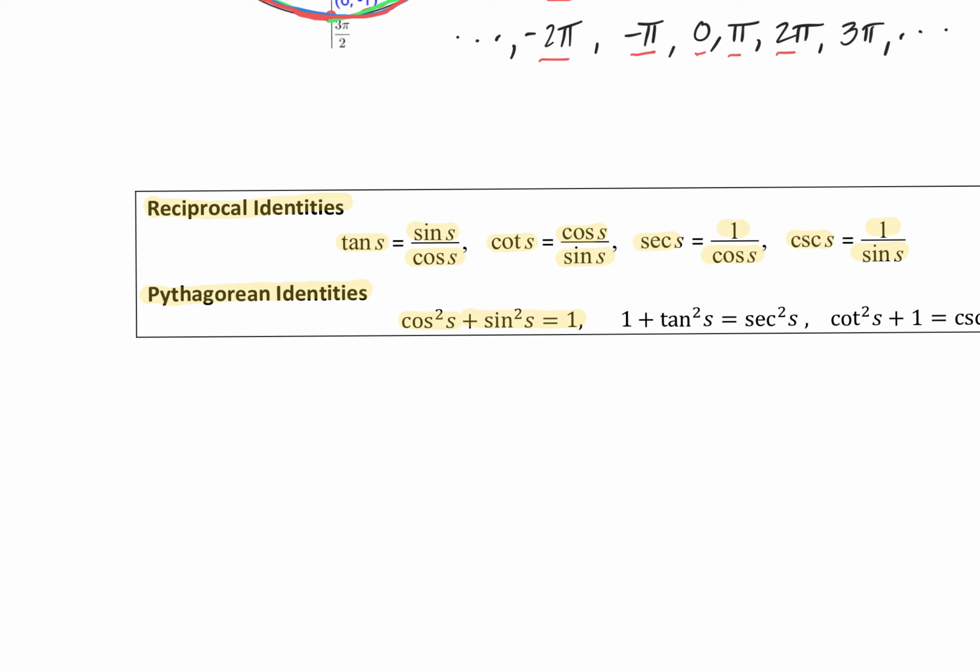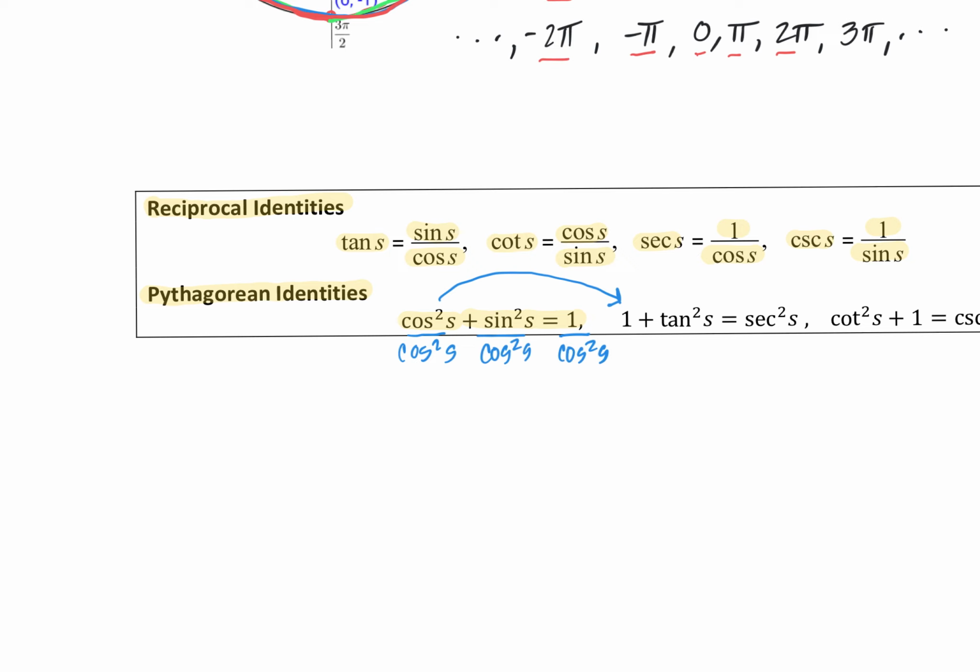So let's say we want to get rid of cosine squared. What I can do, this is an equation, is I can divide all the terms by cosine squared. So cosine squared over cosine squared is just going to be 1. But what I do to one term, I have to do to all terms in an equation. The cosine squared over cosine squared is going to give me the 1 in this next identity.